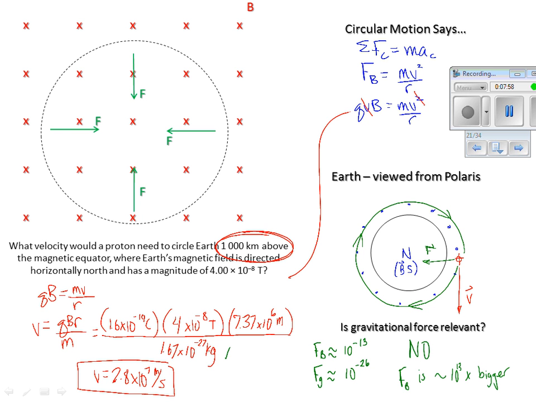They dominate our lives and they seem like they're strong, but unit for unit, magnetic forces and electrostatic forces are way, way, way stronger than gravitational forces. Okay, so we can forget about that. They would change our answer here by a factor of a 100 millionth of a percent or something like that. Okay?